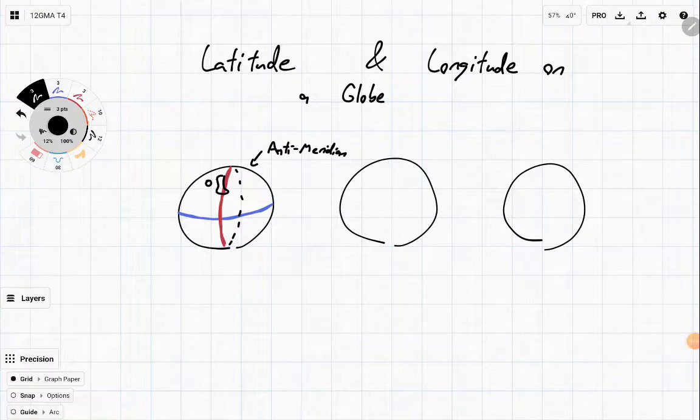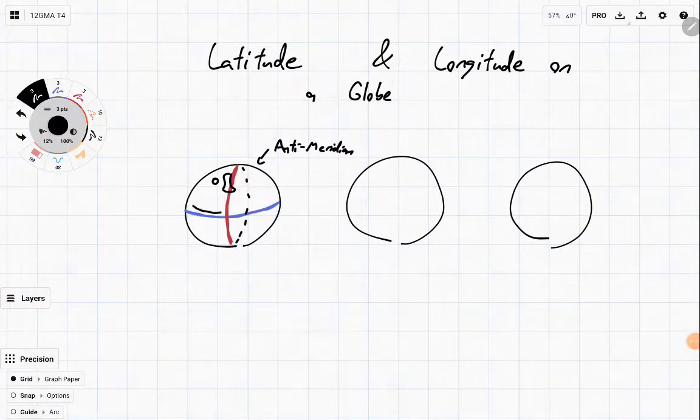Because if you keep going east and east and east, eventually you will end up on the west side of the globe. And similarly, if you go west all the way around the globe, you'll end up on the east side. So we need an arbitrary line which says this is as far east and as far west as you can go.